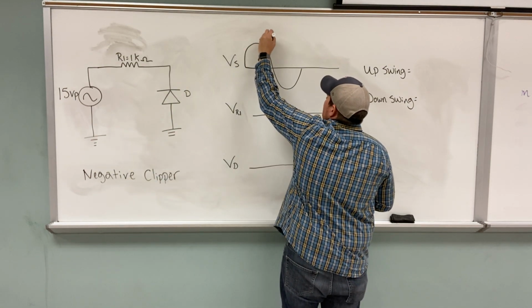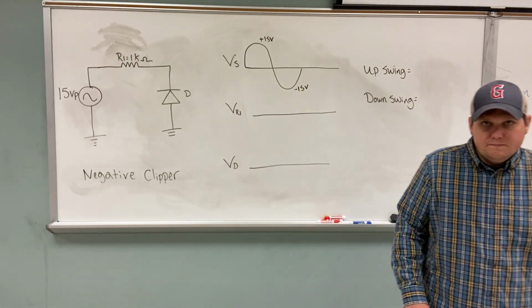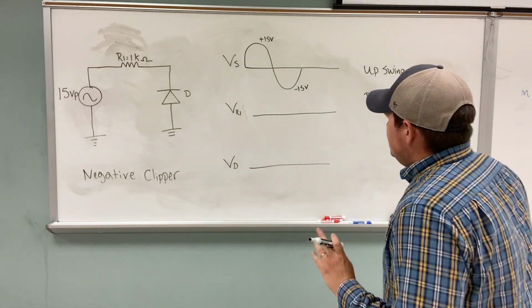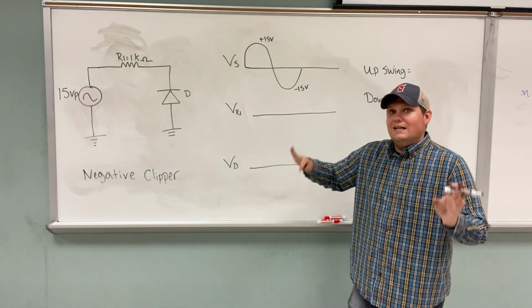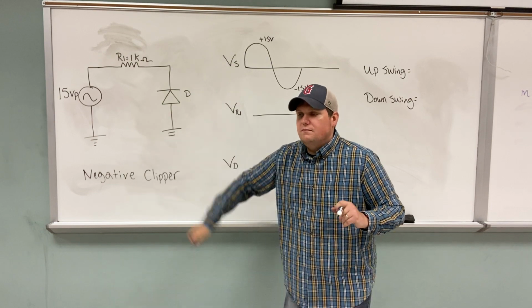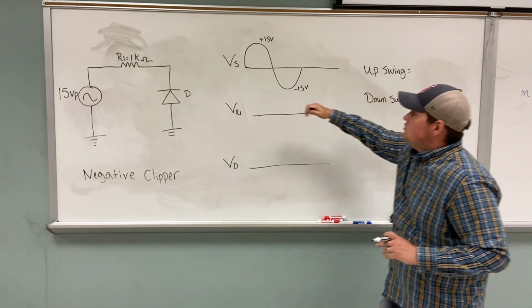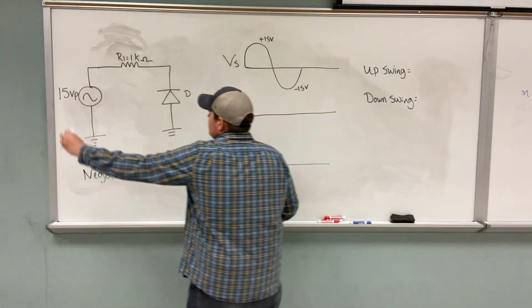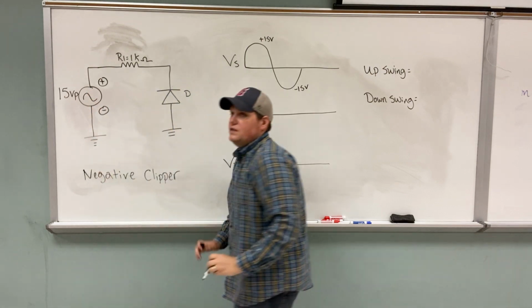So positive 15 and negative 15. Okay? So, let's look at what VR1 and VD is going to look like now that this has turned around. So let's look at what we have. On the upswing of things, this is my polarity on the upswing.